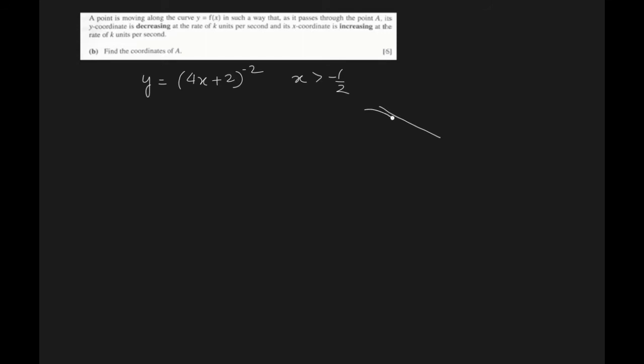So suppose the curve is like this, its y coordinate is decreasing and x coordinate is increasing. So if x is in this direction, y is in this direction, that means it is decreasing. At the rate of k units per second, there is time involved in this one. Find the coordinates of A.